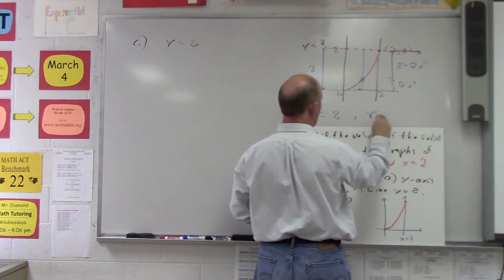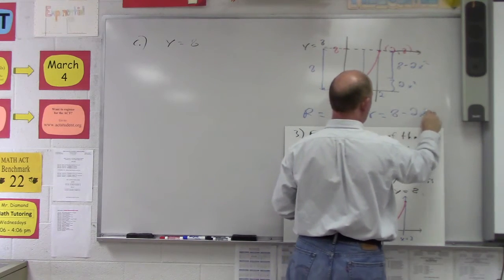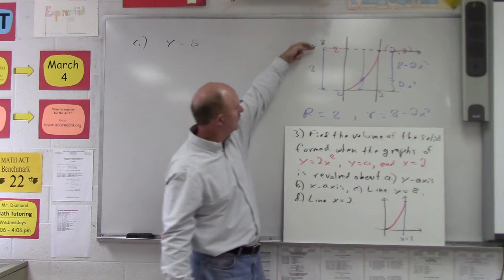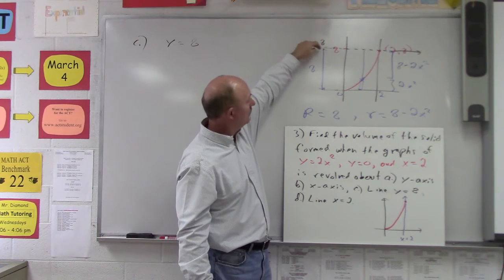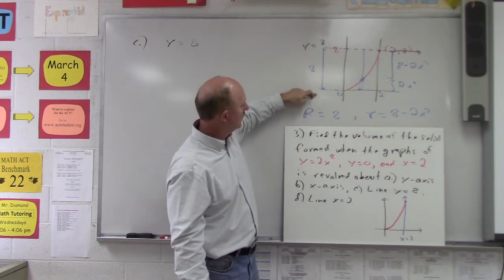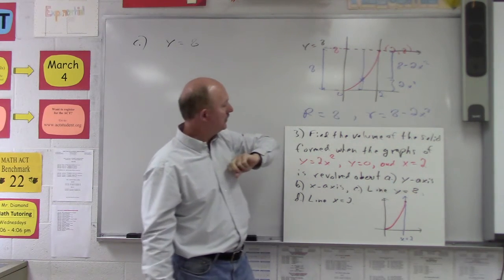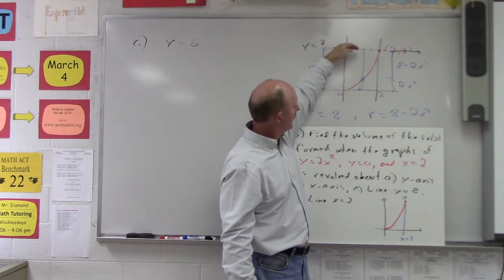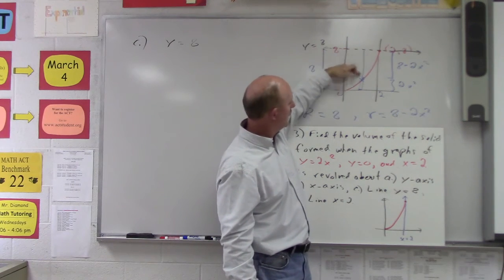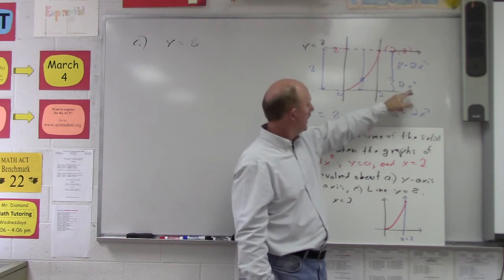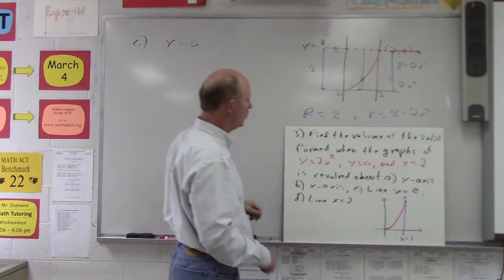So little r would be 8 minus 2x squared, while big R is 8, the distance from the line y equals 8 to the x-axis, the bottom of your representative rectangle. Little r is the distance from the axis of rotation to the closest end of the representative rectangle.